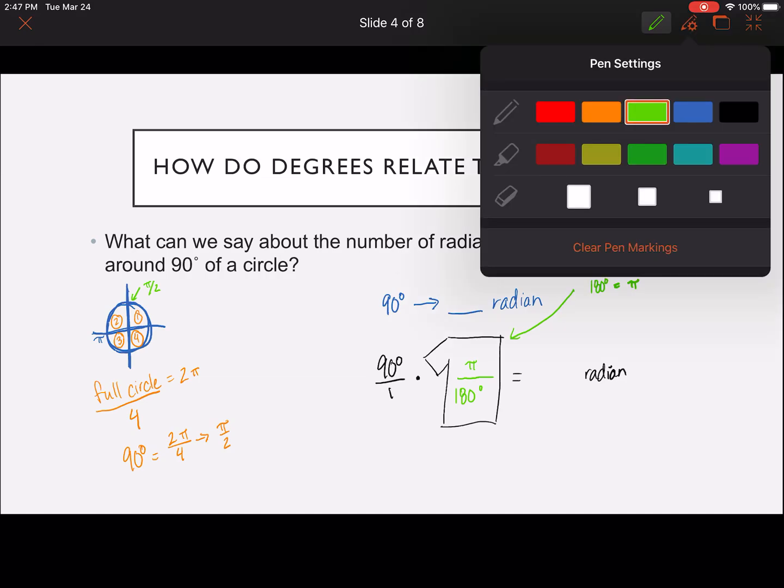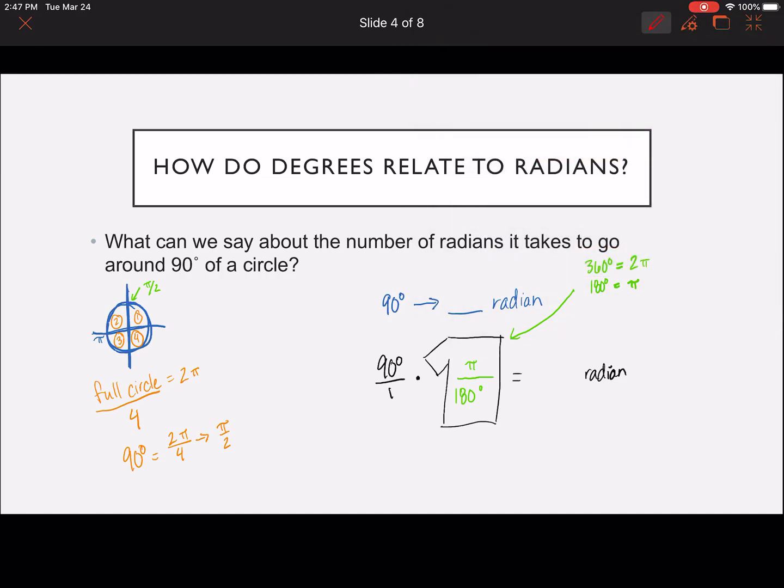And now, I know it's my least favorite word in the world to use as far as canceling out, but the degrees and the degrees, when we divide by degrees, they disappear from one another. And then I can be left with 90 pi divided by 180. And then we can do a whole lot of division or reducing, or however you want to think about it, and we end up with pi over 2 radians.